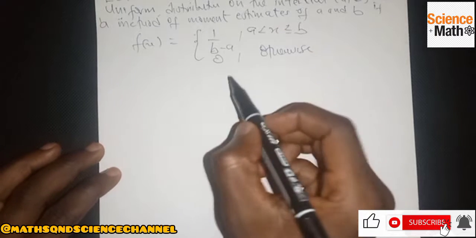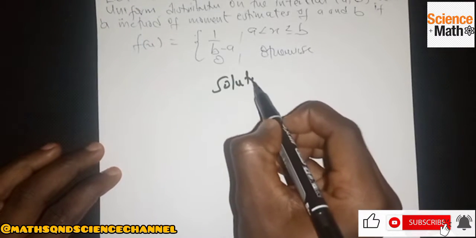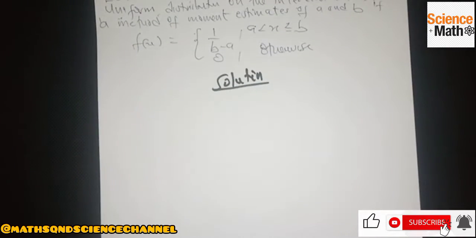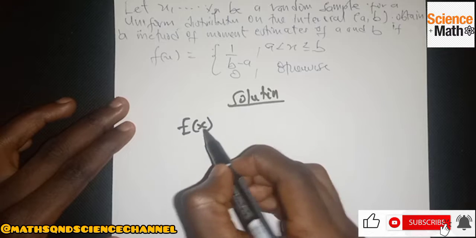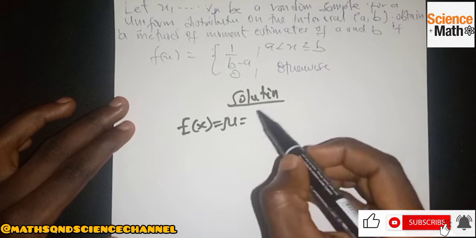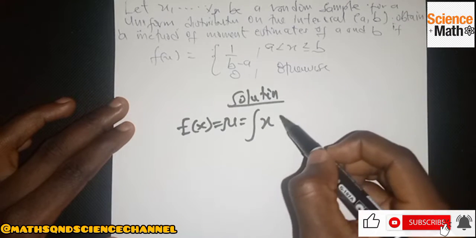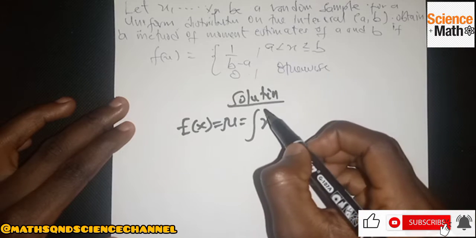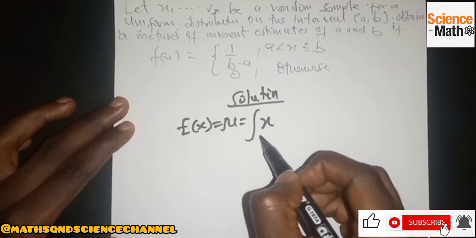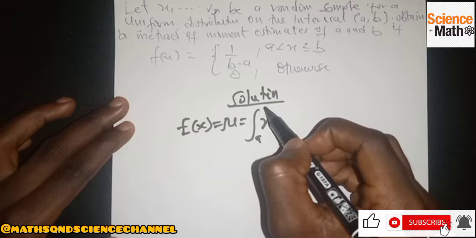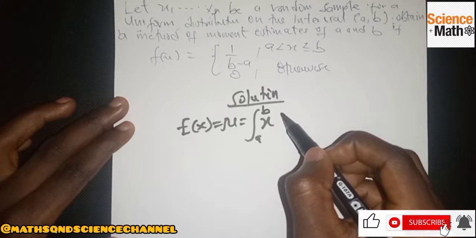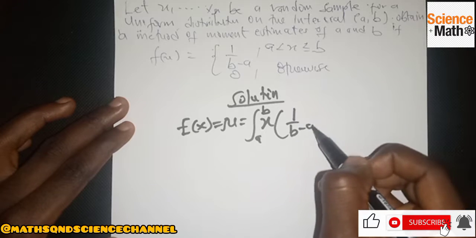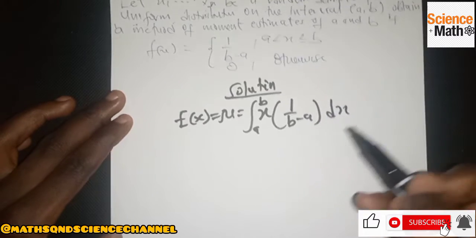So with the first set of equations, using the mean, which is mu, we have x multiplied by the function. So straight away I'm going to do that. Now the lower limit is a, and the upper limit is b in this case, multiplied by the function, and the function is 1 over b minus a, and then we have the x here.